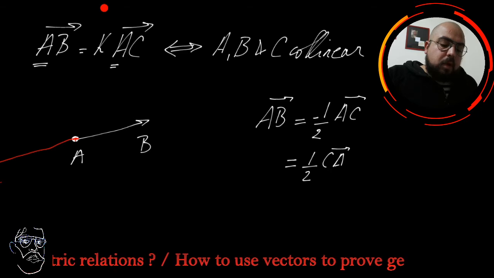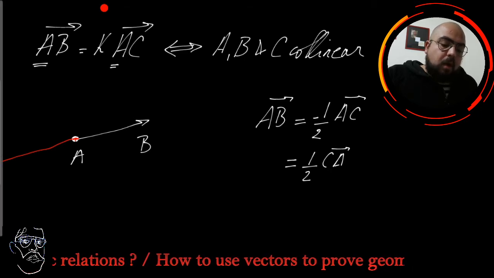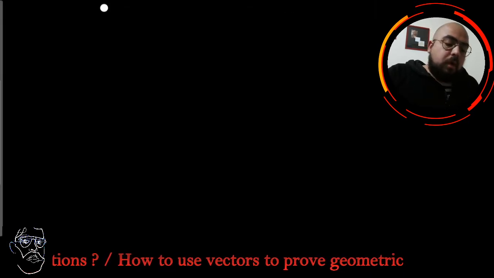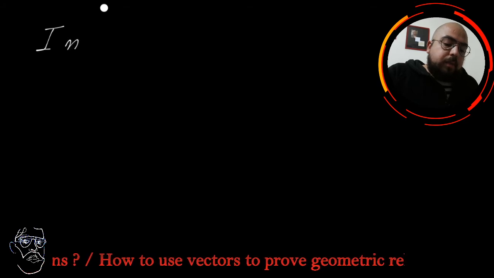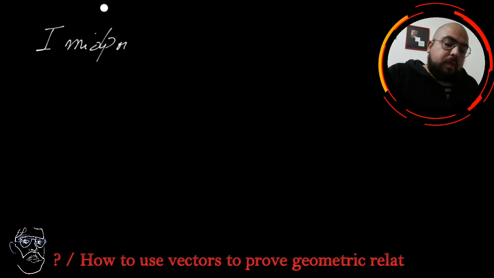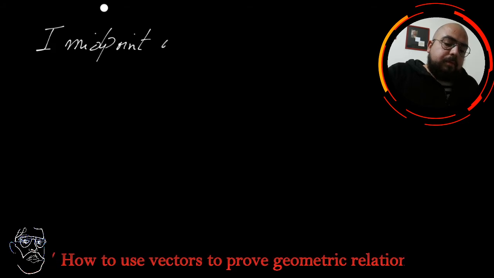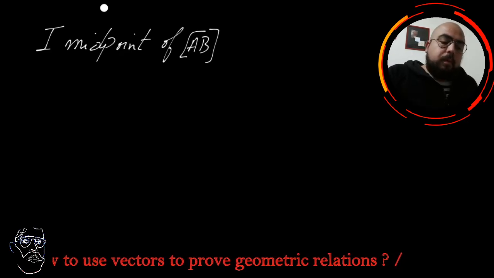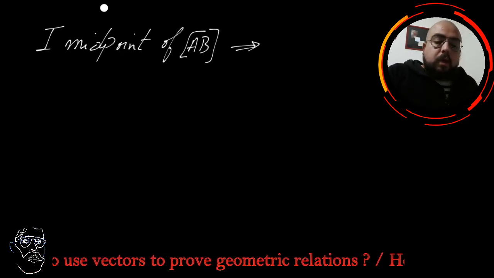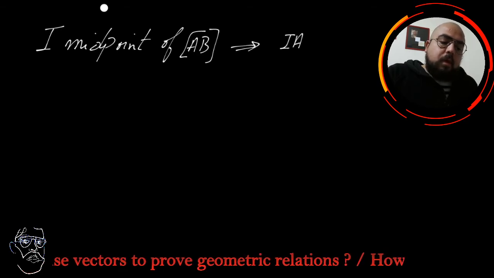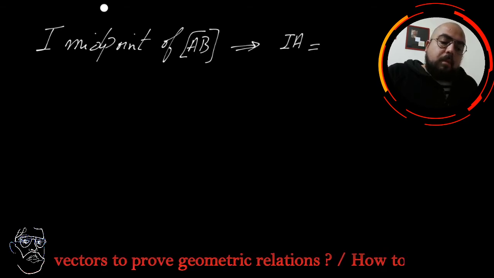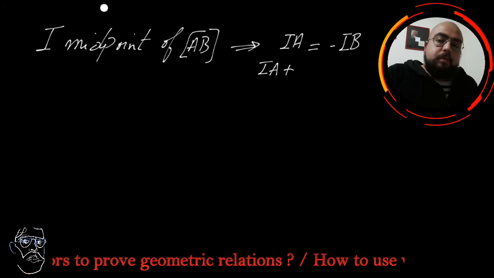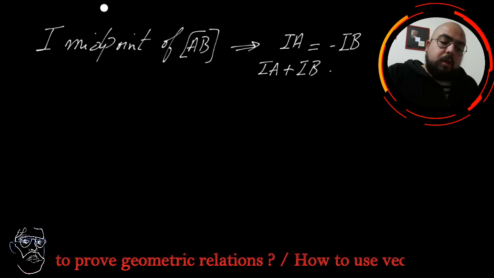Now what happens when we have, again, we're going to use vectors in order to demonstrate that a certain point called I is the midpoint of a segment AB. So if I is the midpoint of AB, it means that I can write down IA is equal to minus IB, or IA plus IB is equal to 0.